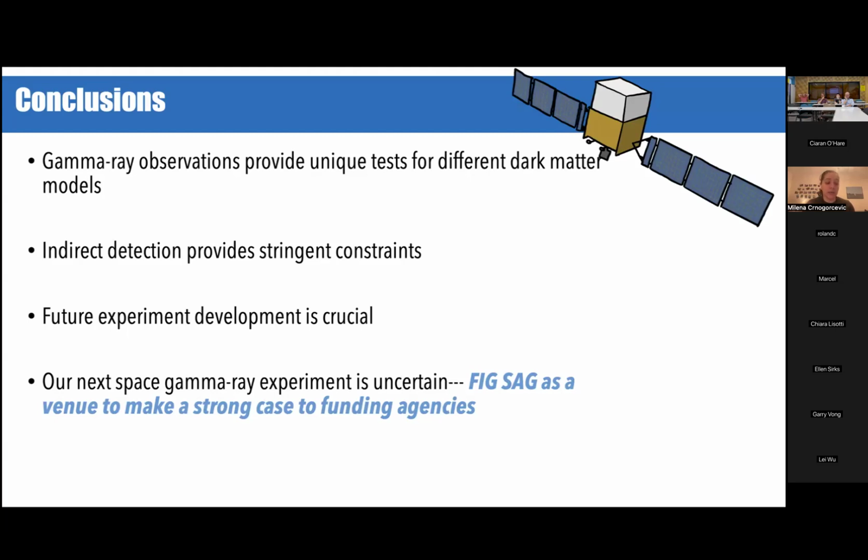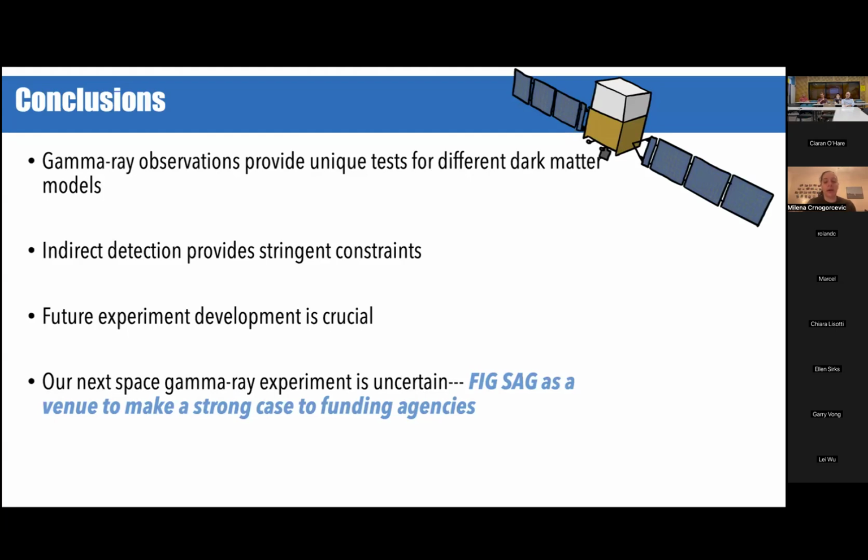And hopefully I've convinced you that future experiment development is crucial and that this effort for future experiments is driven by the community, an example of which we can see in the exoplanet community. As well, our next space gamma ray experiment is uncertain.